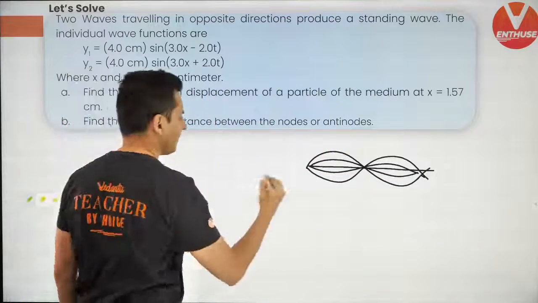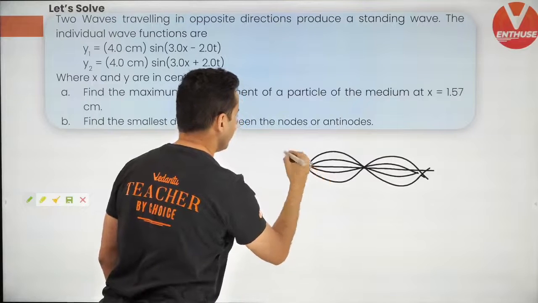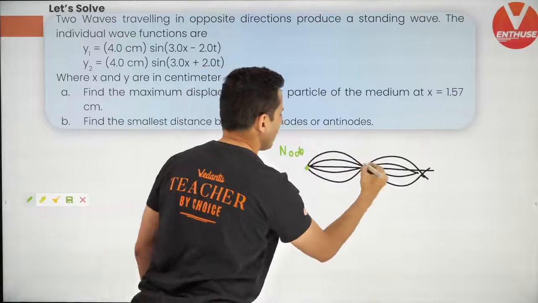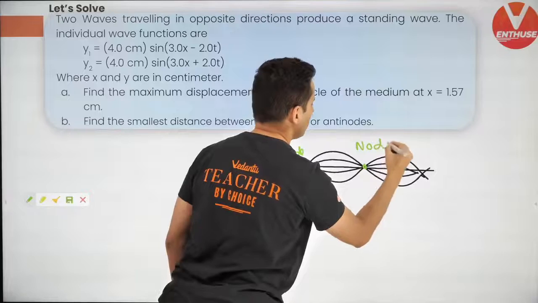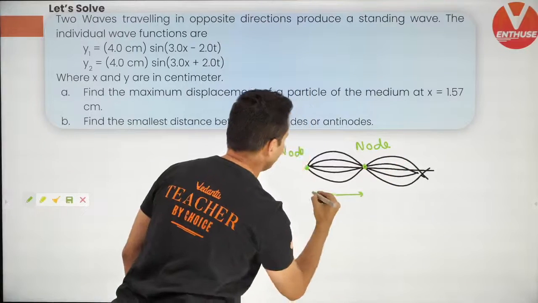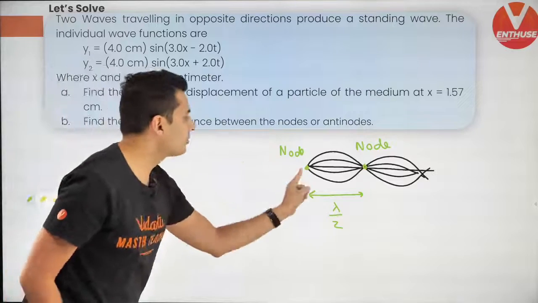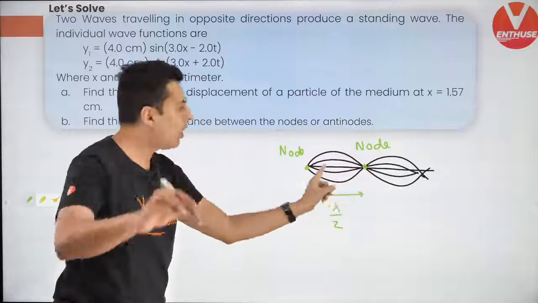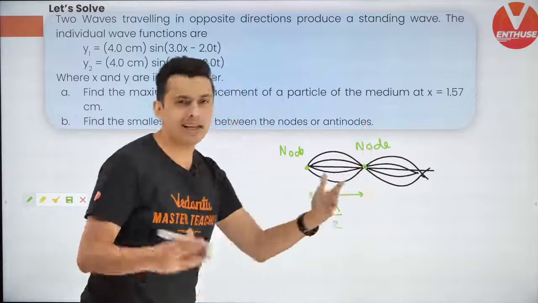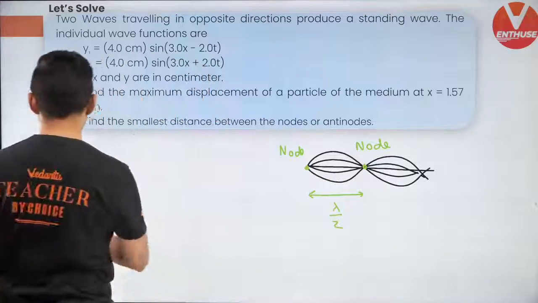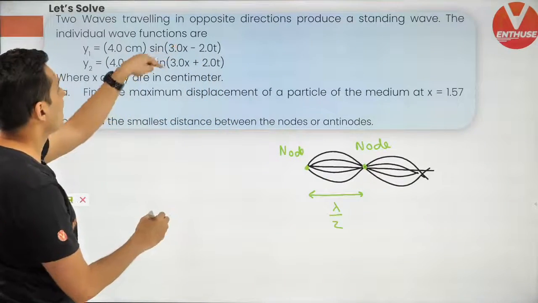So if there is a node here and another node here, what is the distance between them? The distance between them is lambda by 2. So that is what they are asking, the smallest distance between node to node or antinode to antinode, one and the same thing. So they are asking you what is lambda by 2. Now for doing that, check over here.